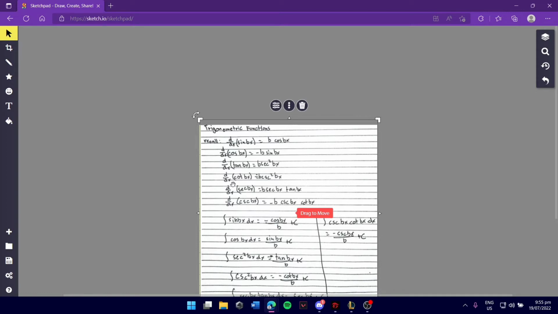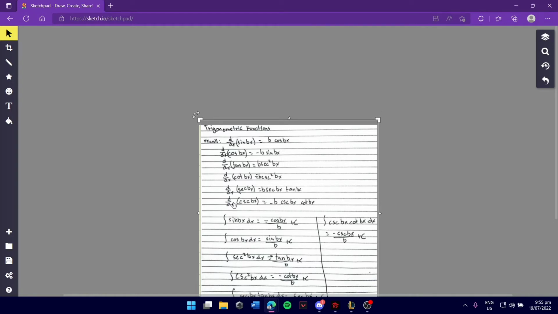Next we have the derivative of cotangent bx with respect to dx is equal to negative b cosecant squared bx. Next, we have the derivative of secant bx with respect to dx is equal to b secant bx times tan bx.